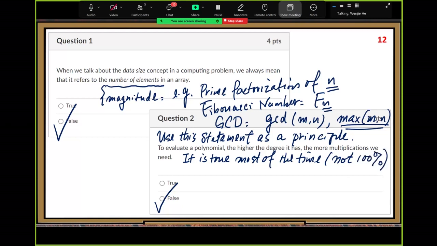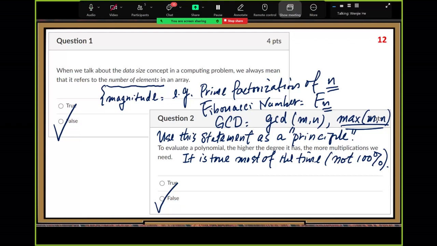You can treat it as 90-something percent true. That's the meaning when we say we use it as a principle. In principle, it is true. So it is useful; 90-something percent of the time we can use it. But there is a very small percentage where it is not true.